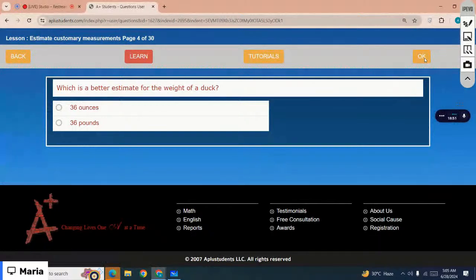Which is a better estimate for the weight of a duck? 36 ounces, 36 pounds, which is the correct option?